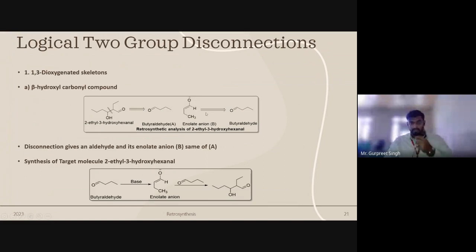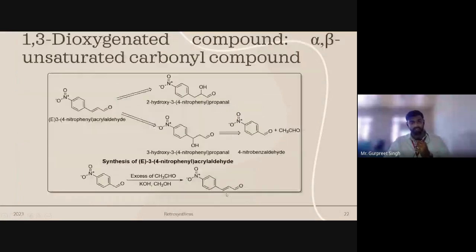And then the other compound we need is butyraldehyde. So the final reaction, how to synthesize this target molecule: first, you need 2 moles of butyraldehyde, treated with base, and then there is in situ generation of this enolate ion, and another molecule attacks this enolate ion to form this 2-ethyl-3-hydroxyhexanal compound.